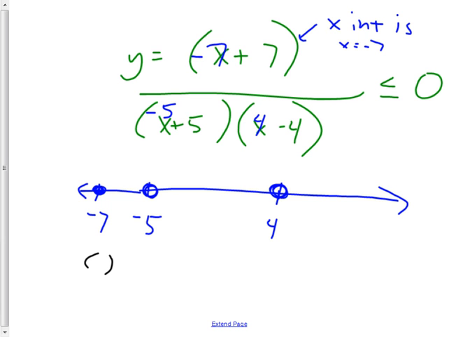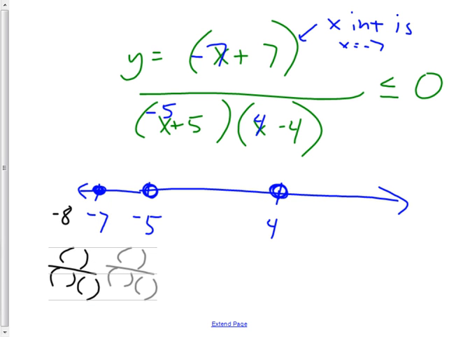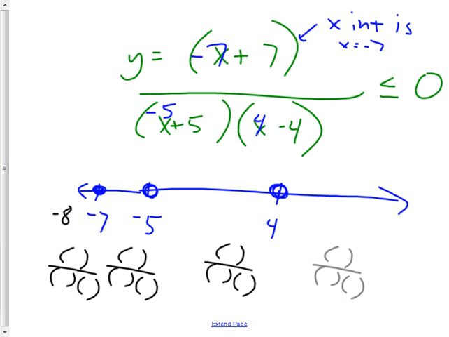All right, so if I test something like -8, see if it works or not. I'm going to cheat and use this as an infinite cloner so I can show my work in each of these little intervals. If I stick in a -8, it would be like this.